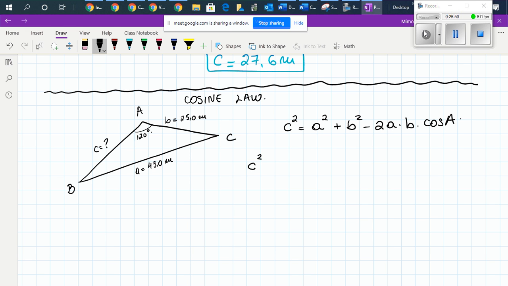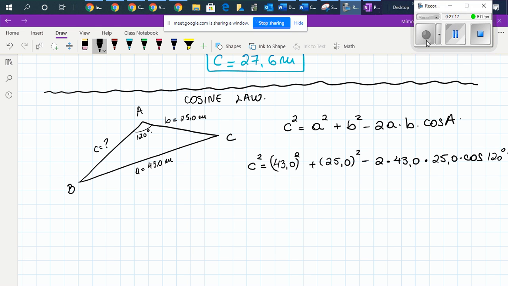So side C squared that we are looking for is equal to 43 squared plus 25 squared minus 2 times 43 times 25 times cosine of 120 degrees. And now using your calculator, C is given as 59.6 meters.